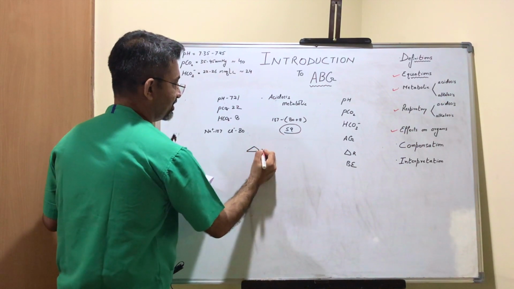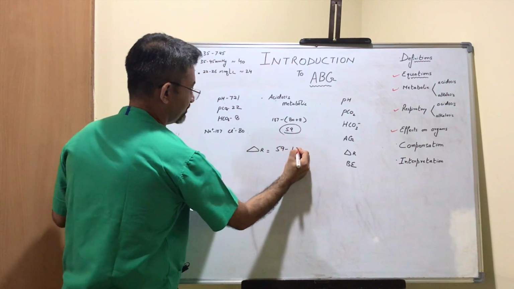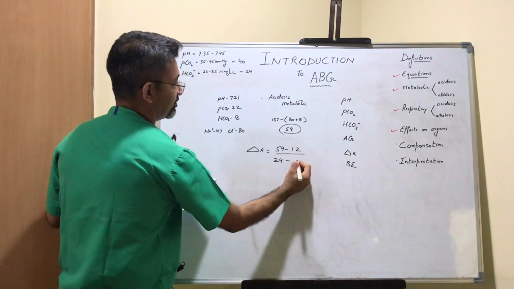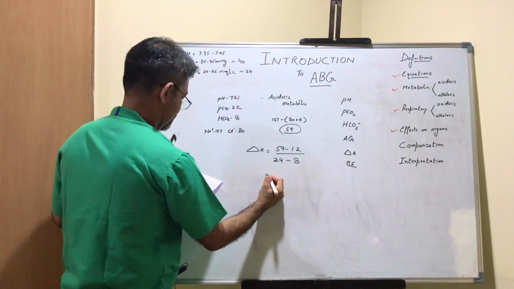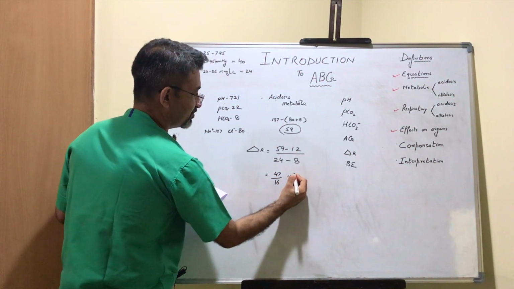How do I calculate delta ratio? Delta ratio is 59 minus 12 divided by normal HCO3 24 minus measured 8. So it is 47 divided by 16, somewhere around 3.